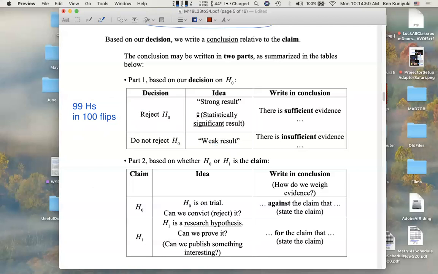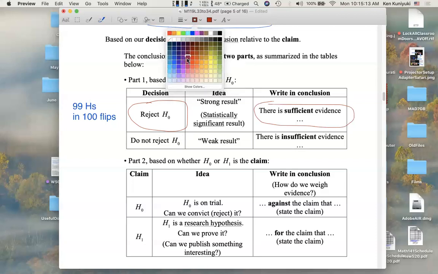That's a strong result or a statistically significant result, which means there is sufficient evidence to say something.